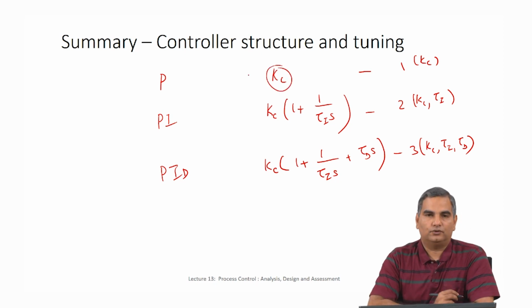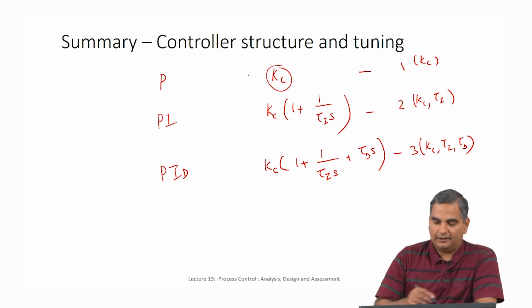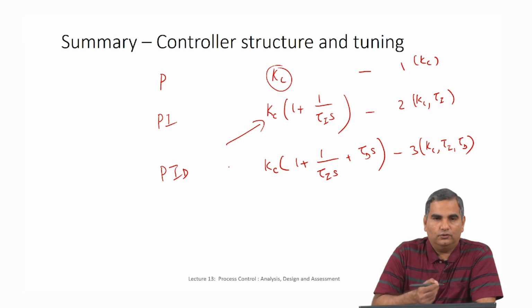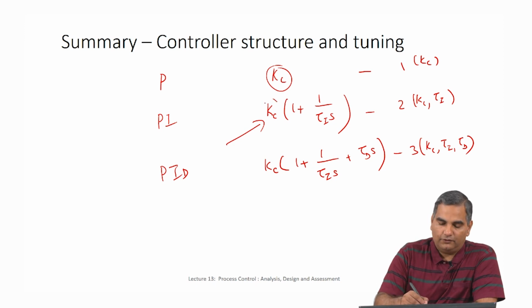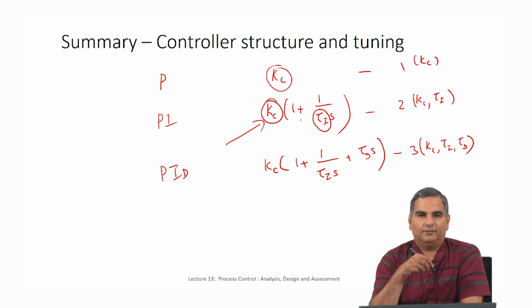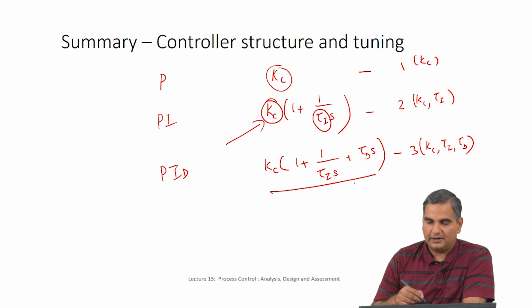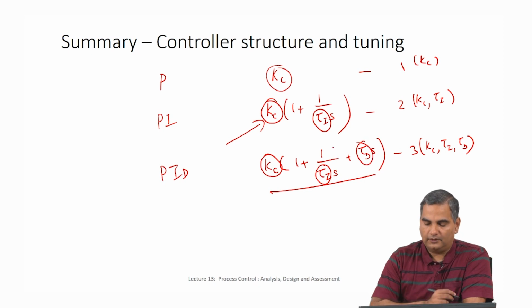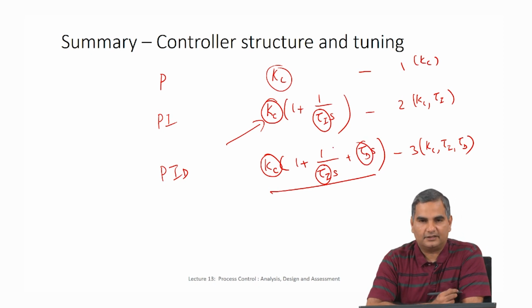Supposing I say I am going to choose a control structure PI, then that means the controller form is this, and later when I say I am going to tune this PI controller, basically I am going to find values for Kc and tau_I. Similarly, if I said I am going to choose a control structure which is PID, then this is the controller equation, and when I say I am going to tune this controller, I am going to choose values for Kc, tau_I and tau_d. So, that is what controller structure and tuning means.